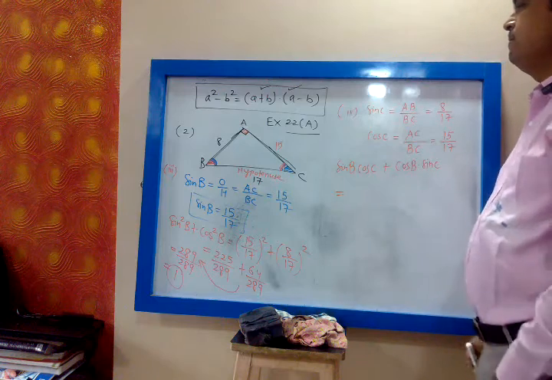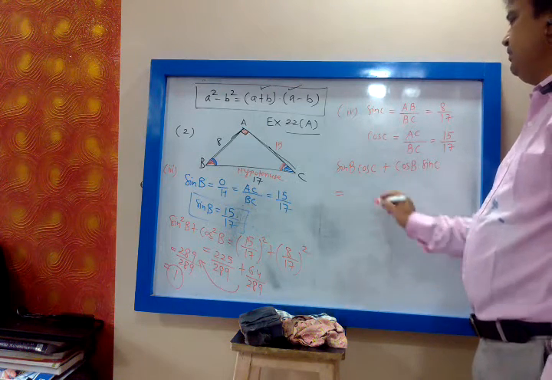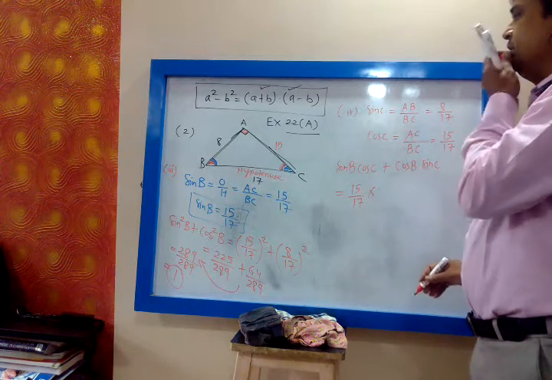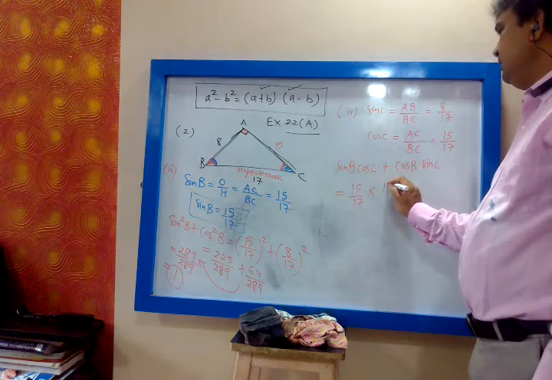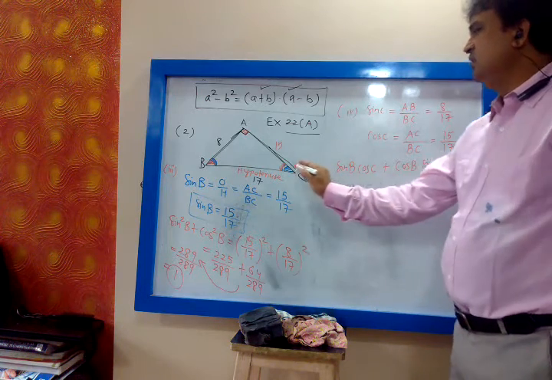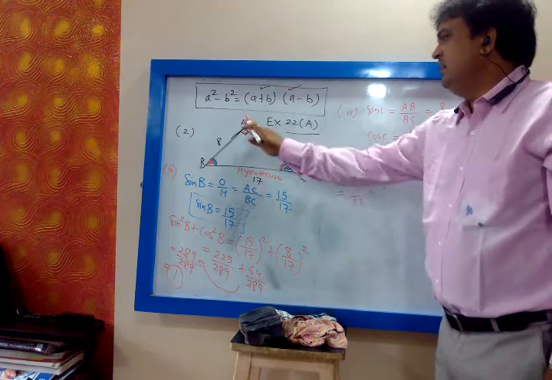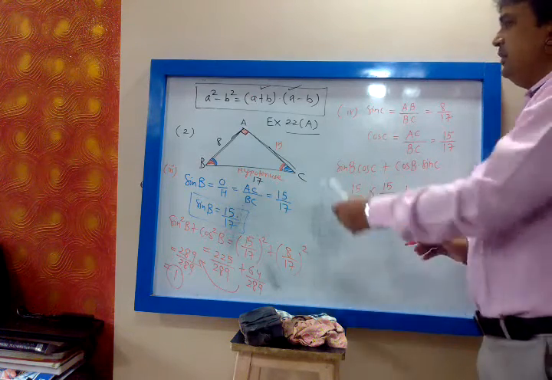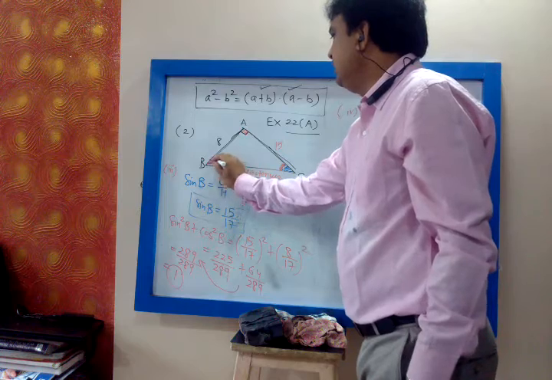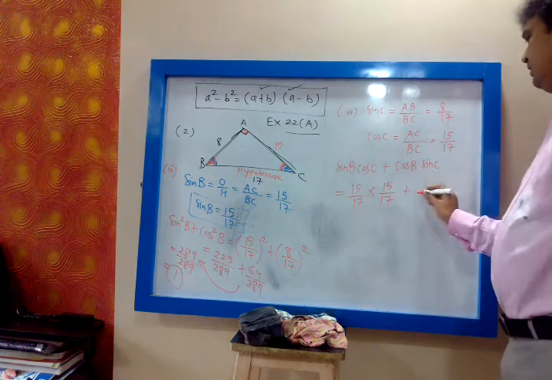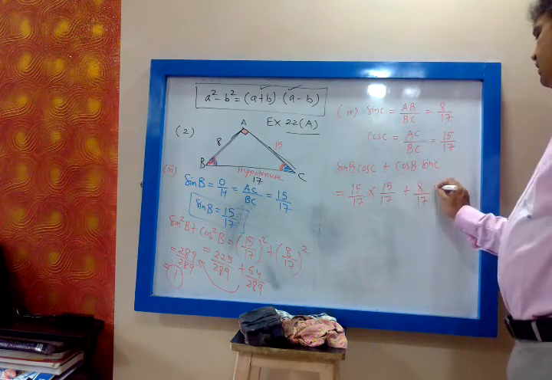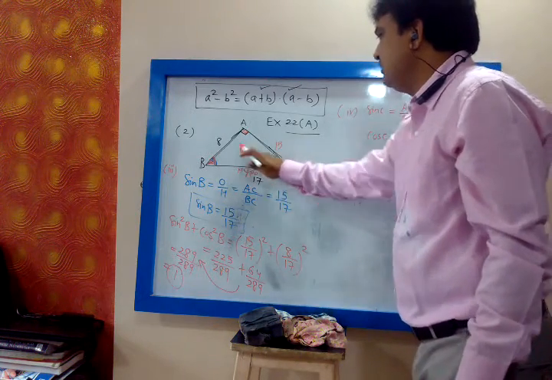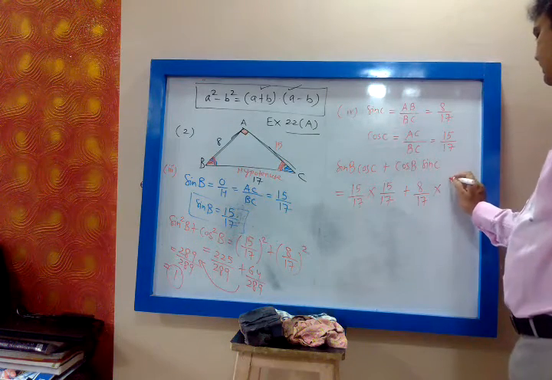What is sin B? 15 upon 17 into cos C. Cos C, my dear, is adjacent over hypotenuse, 15 upon 17, plus cos B, 8 upon 17, into sin C. C is my reference angle, so opposite upon hypotenuse, 8 upon 17.